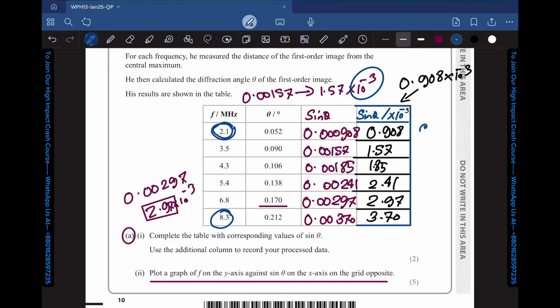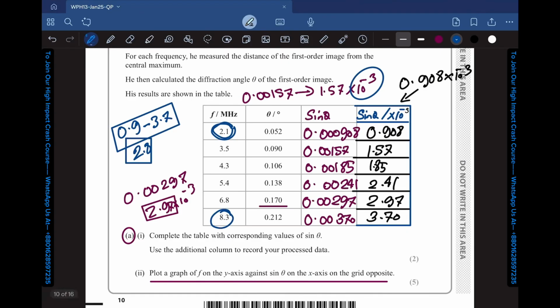I can see the difference is from 0.9 to 3.7. So basically they have a difference of 2.8. Yeah, it's actually 2.8.